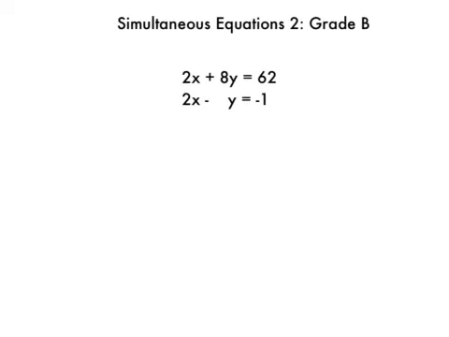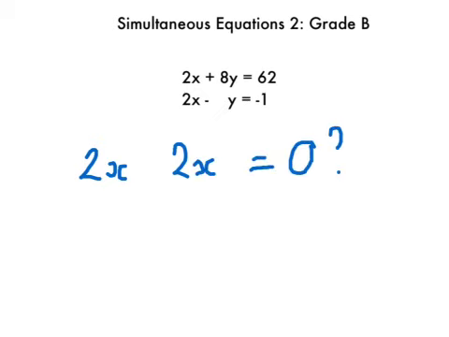Now, in this case, we have to say to ourselves, how do we make that equal to 0? So, if we've got 2x and another 2x, what would we do to that to make that equal to 0? Well, if we added the terms together, would that equal 0?